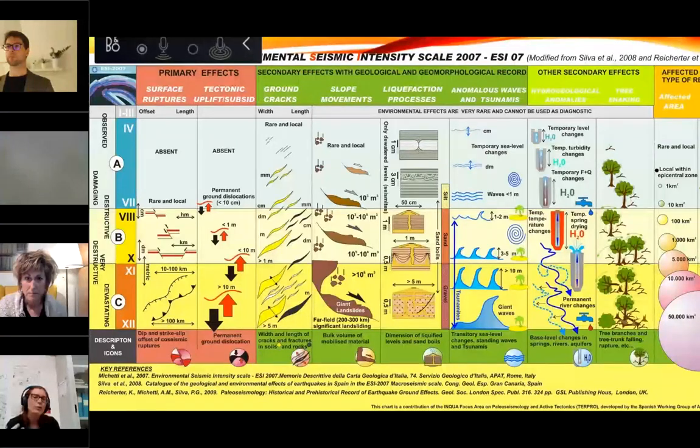They do not repeat in the same way. But this framework of the ESI intensity scale allows, or we hope it allows, to classify in a consistent and systematic way all these kinds of effects.